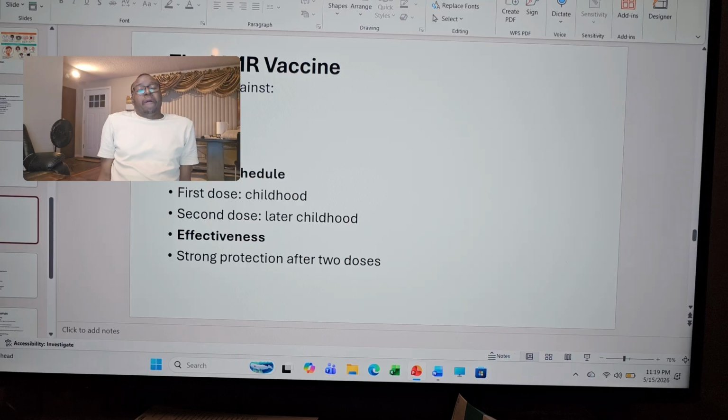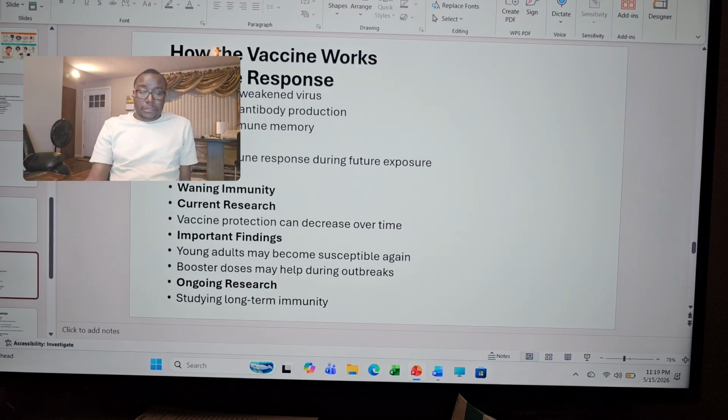Vaccine schedule: we have first and second doses, in childhood and later in childhood. Effectiveness is strong protection after 2 doses. So if you haven't taken any, or someone hasn't taken, it's advisable to take this.